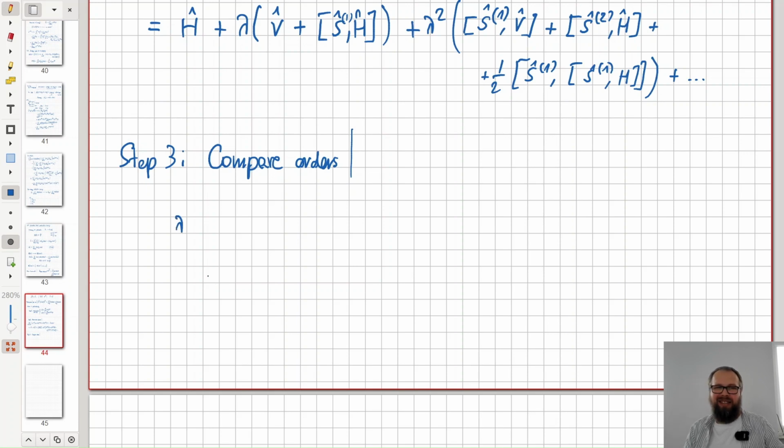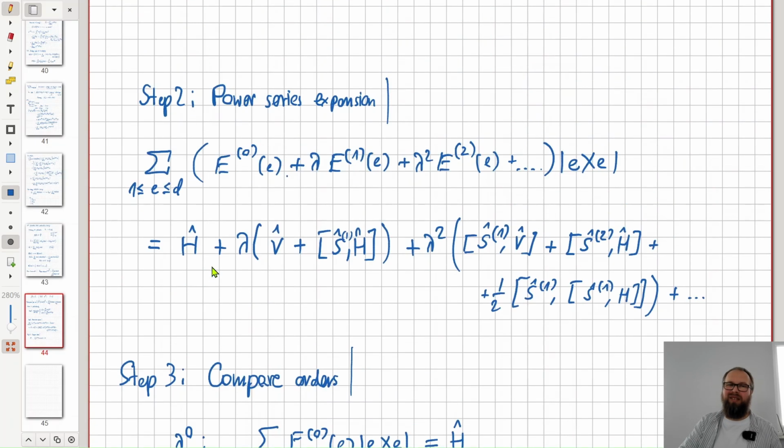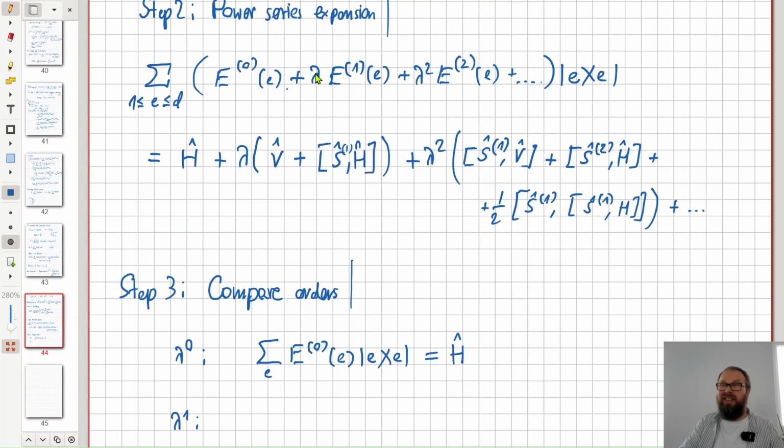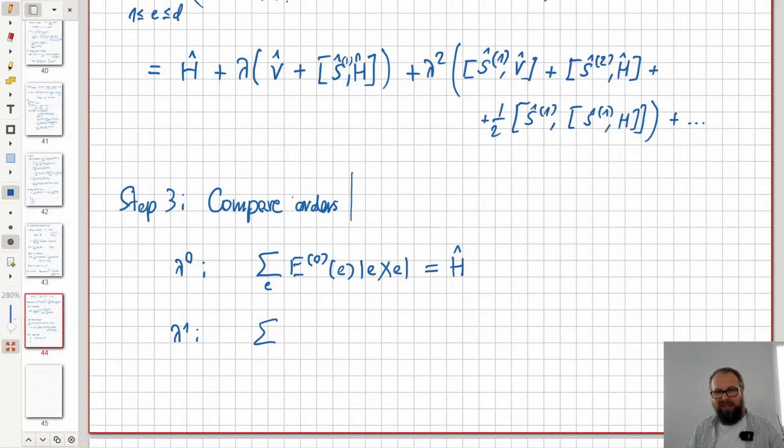So in our case, the zero order, we get an equation of this form, E0 times the projector equals H zero order. You just look, this has lambda to the power 0, this has lambda to the power 0, equate them. The first order, so stuff proportional to lambda, gives another equation. We can skip writing down the lambdas, it's already built in.